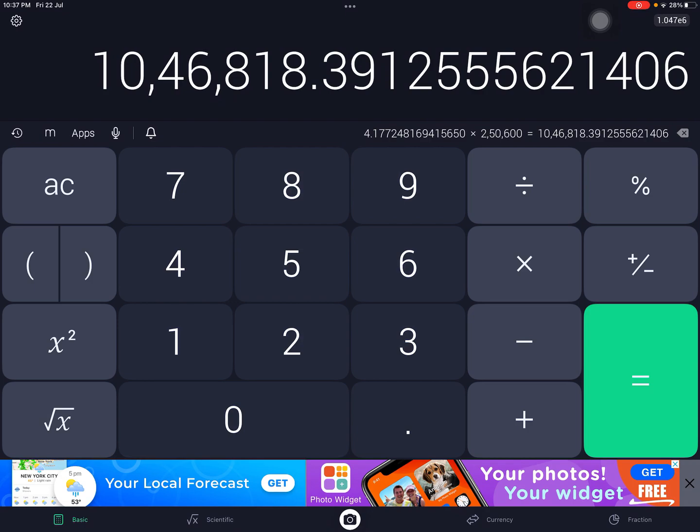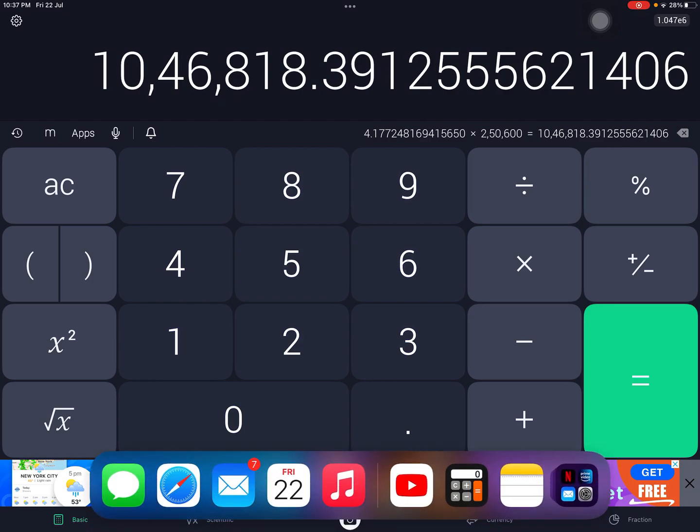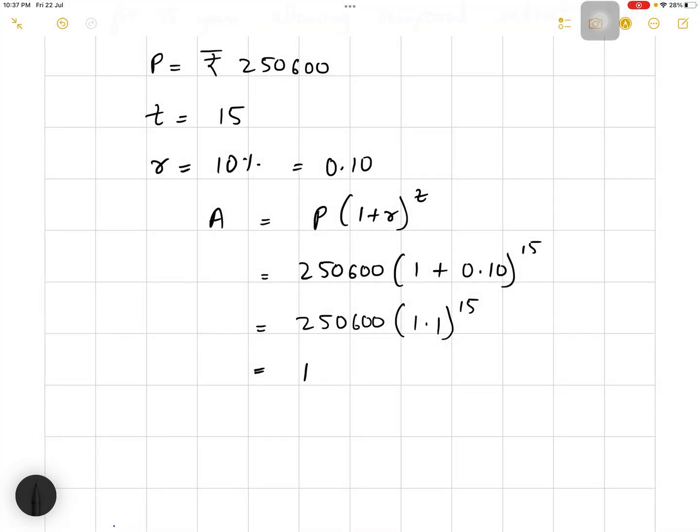Okay. So now we got 10,46,818.39, right? Let us see what answer we get if we keep only 4 decimals. We have kept all the decimals, and so we got 10,46,818.39.